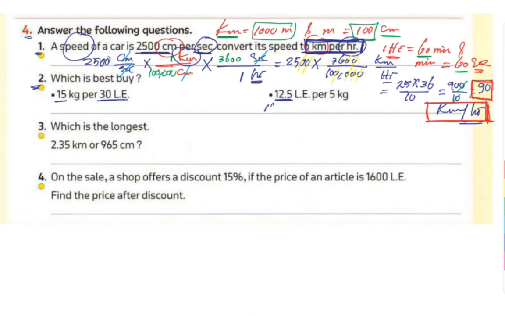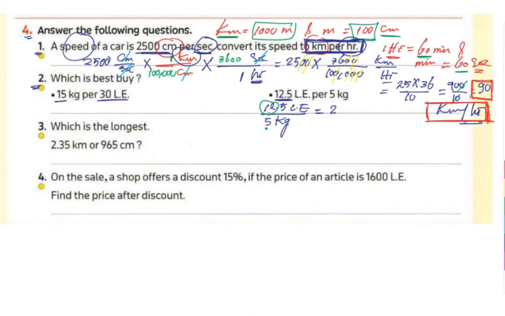If you have 12.5 LE per 5 kilogram, I need it as LE per 1 kilogram. What do we do? Just divide 12.5 divided by 5. Okay, note with me. To divide 12.5 by 5: first, 12 divided by 5. How many 5s in 12? Just 2. 2 times 5 equals 10.